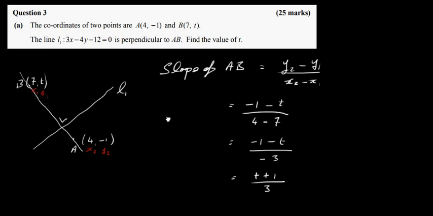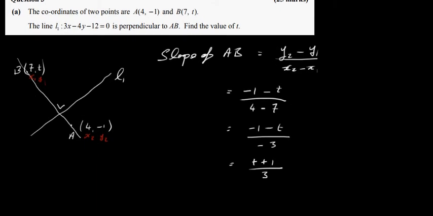So let's have a look at the slope of L1. The slope of L1 is just going to be minus A over B. In this equation, 3 is A, minus 4 is B, and the C is minus 12.